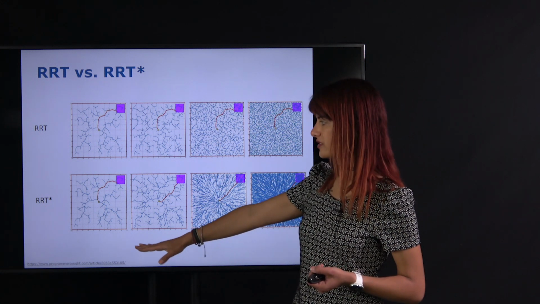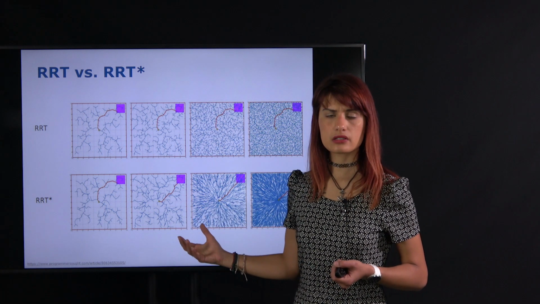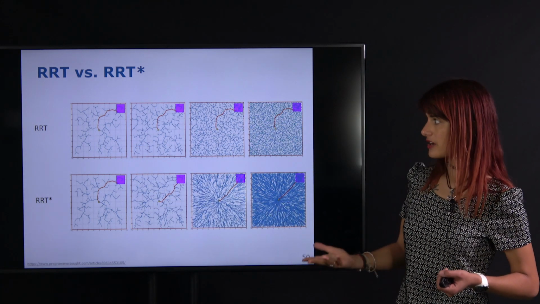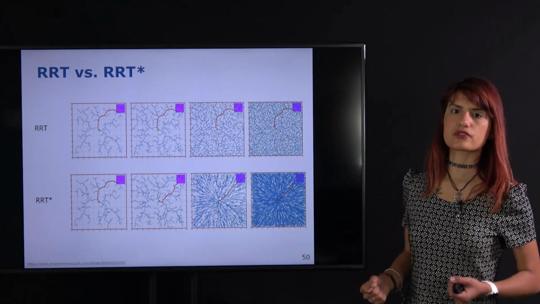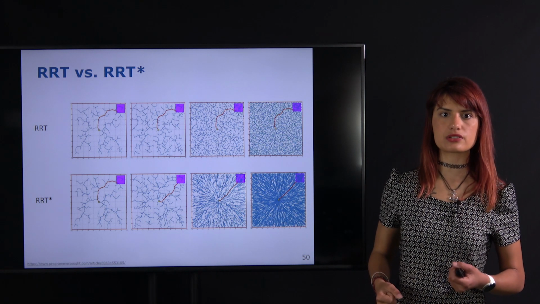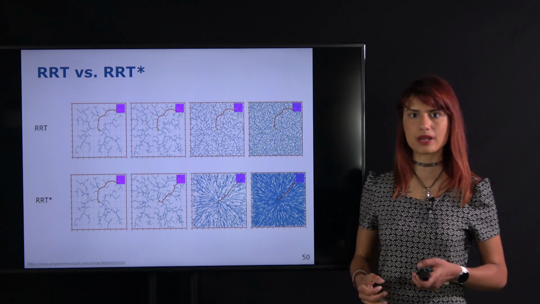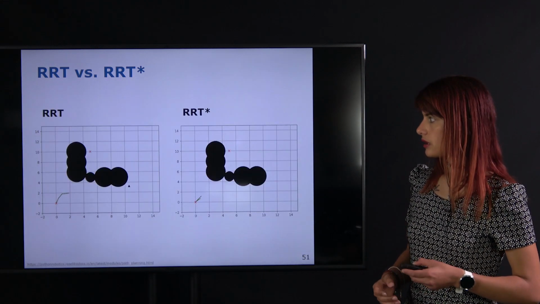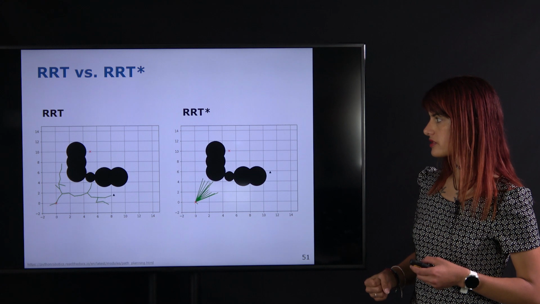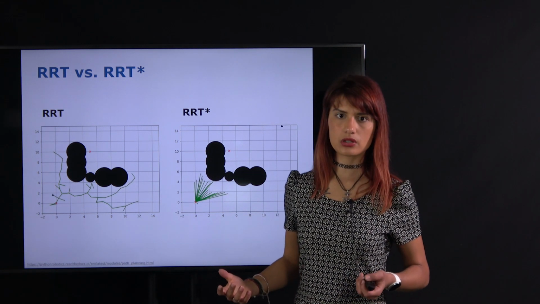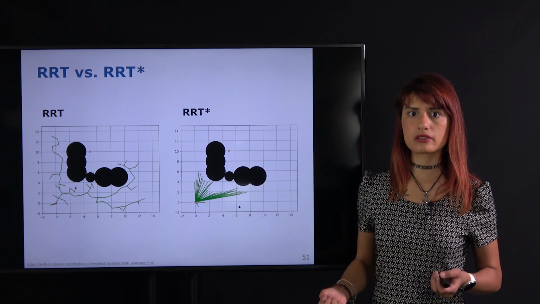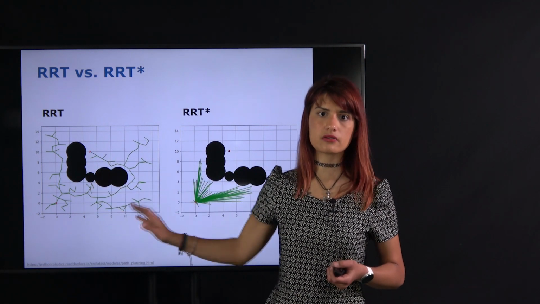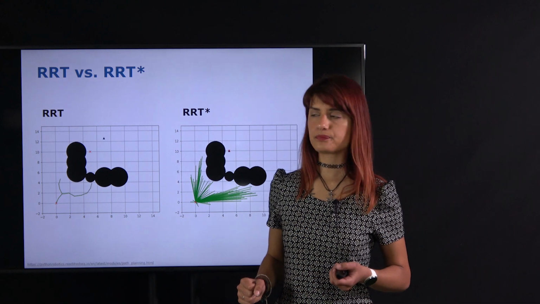It's also helpful noting here the different ways in which the RRT and the RRT star are branching out and the visual differences between the tree structures that we obtain using both of these methods. Here's an animation also highlighting the differences, which is again along very similar lines. We have an environment with the black circles, which are obstacles, and here's the animation of the RRT that we saw earlier.